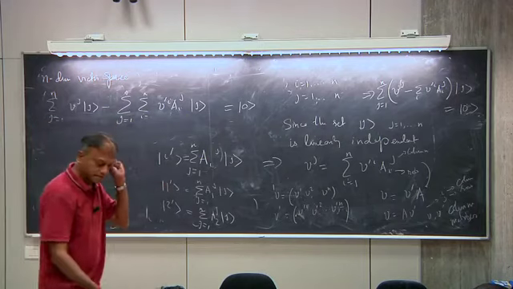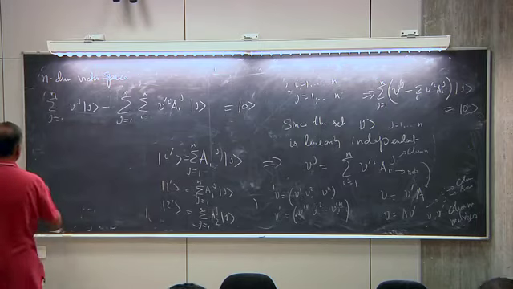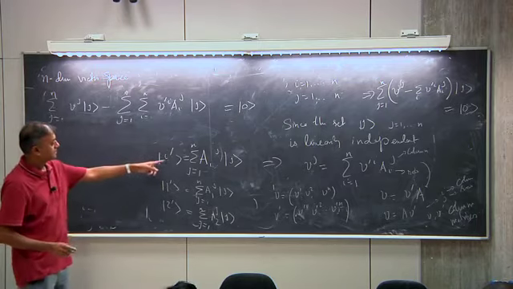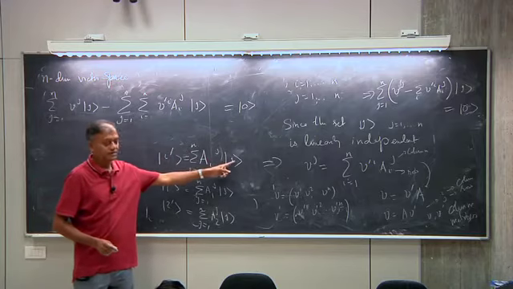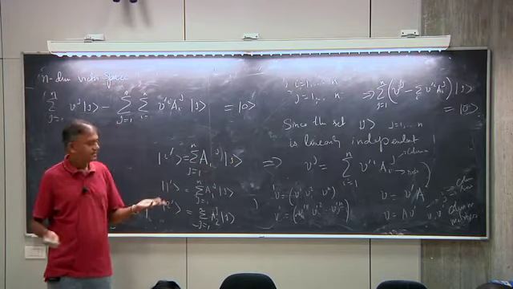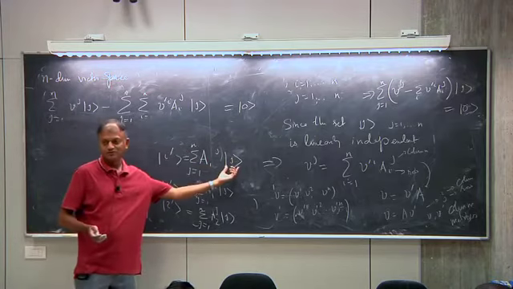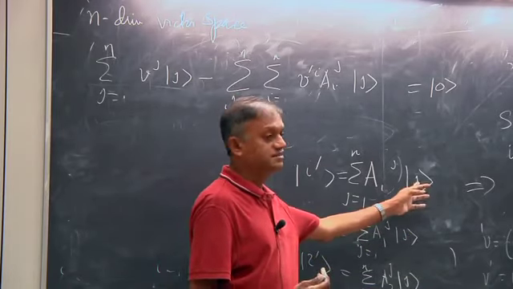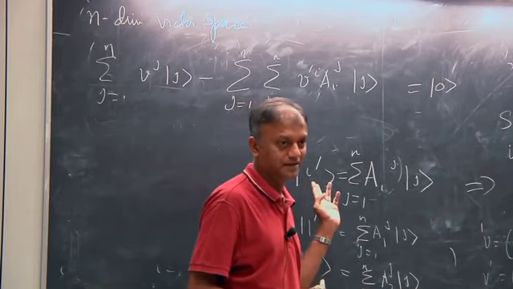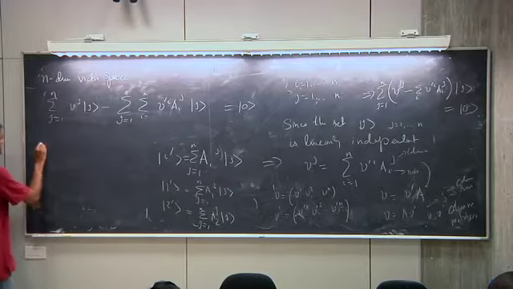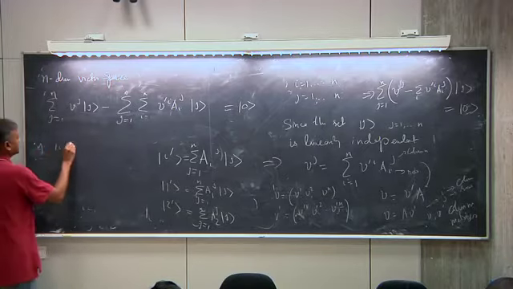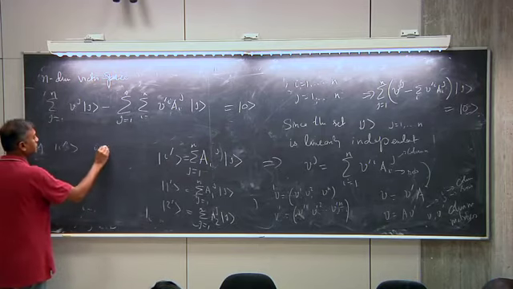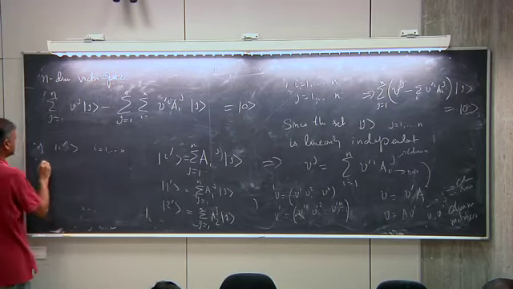Let's see. We said both I prime and J are bases. Here I expanded I prime in terms of J, but I could have done it the other way around. I could have expanded the J vectors in terms of I prime, since all the I prime vectors, with I going from 1 to n, form a basis.